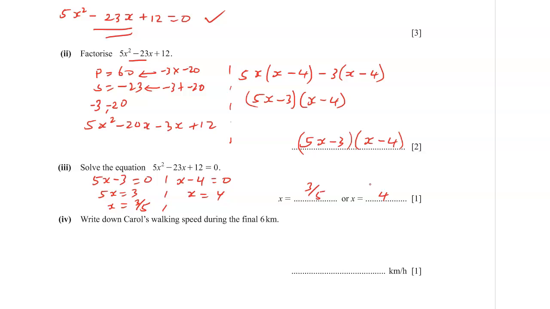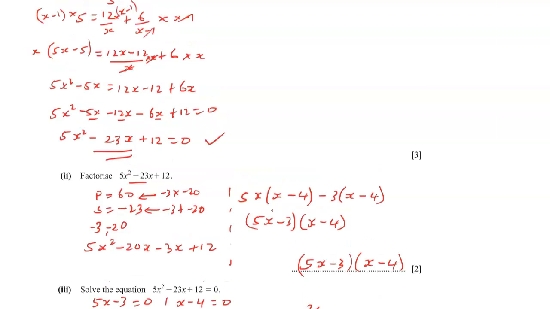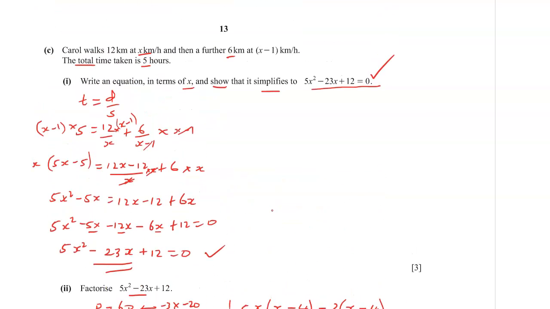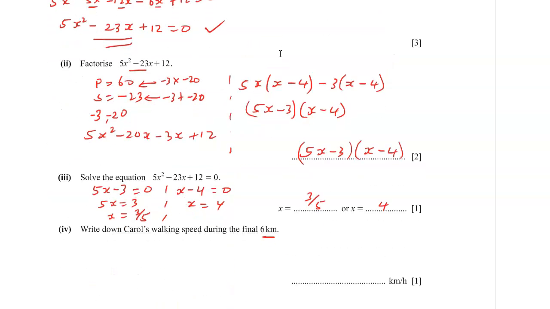Write down part 4. Write down Carol's walking speed during the final 6 kilometers. The speed was this, and therefore the correct value that we use is 4.